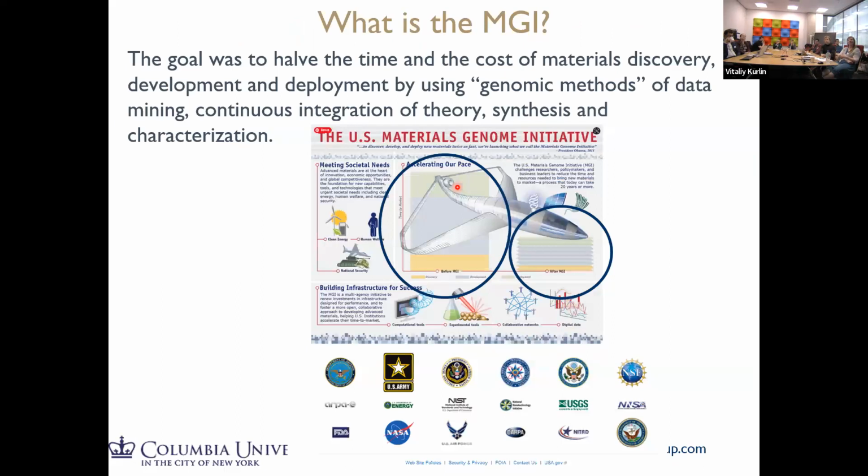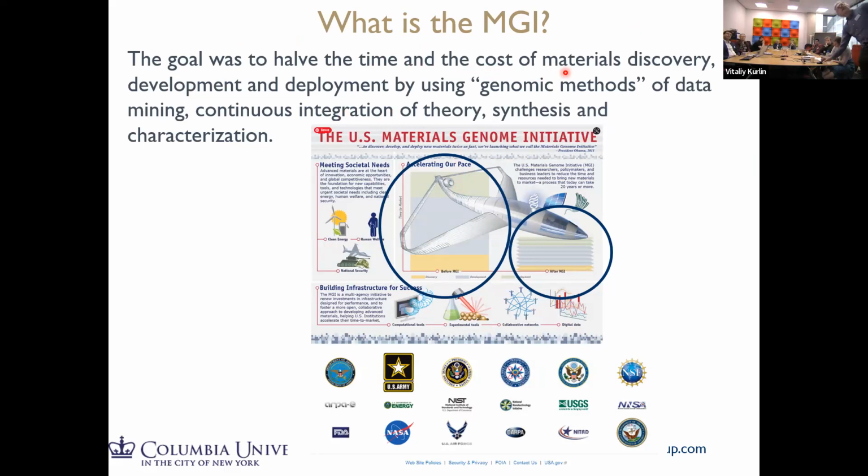So what is it? Basically, what they figured out is that the time and the cost from a materials discovery event to actually putting it into practice in a device in operation takes something like 25 years and billions of dollars.